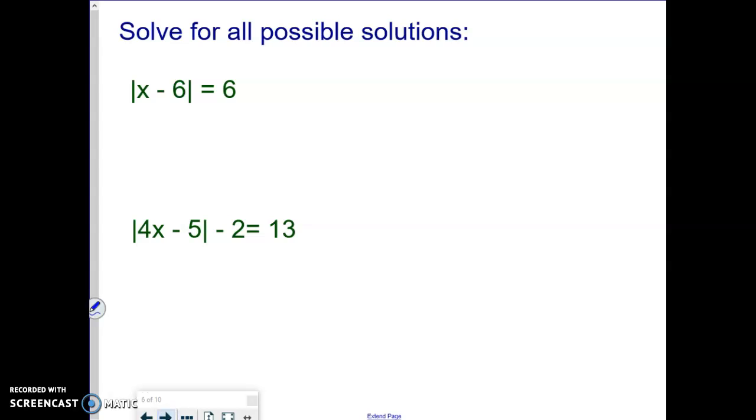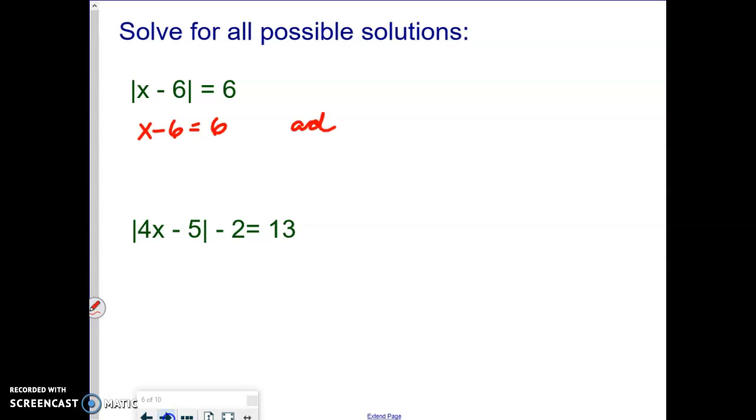The absolute value of x minus 6 is equal to 6. So here I have the absolute value of x minus 6 is equal to 6. So I could say that one possibility is that x minus 6 could just equal 6.